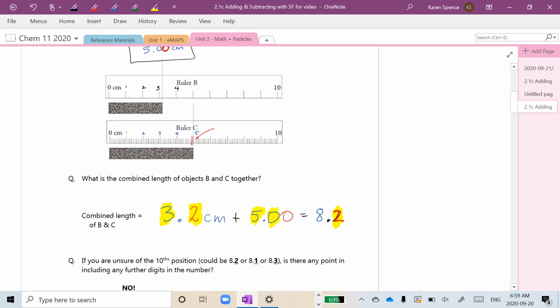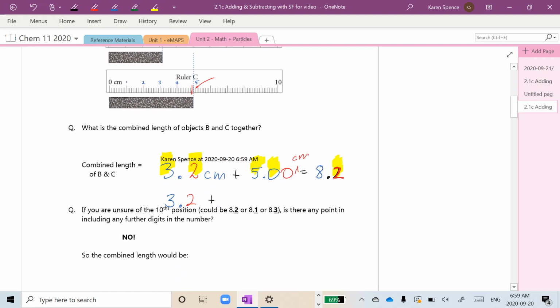Now what if I had actually done this as 3.2, and I forgot my centimeters here. Don't forget that. Centimeters. 3.2 plus 4.99.